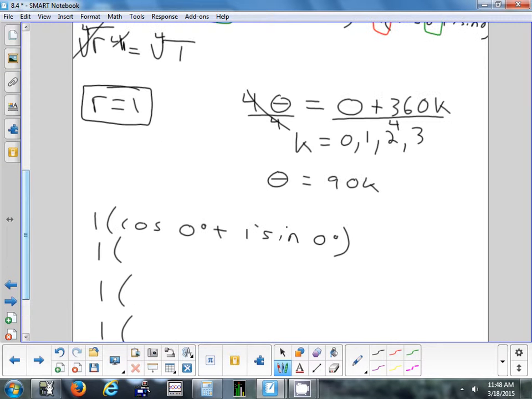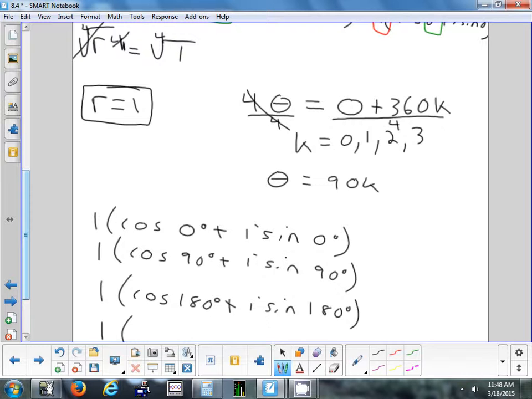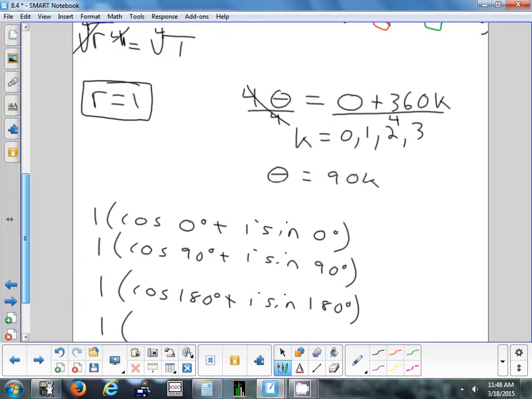Now let k equal 1. 90 times 1, now my angle's 90. Next answer, r is 1. Now we're going to let k equal 2. 90 times 2 gives me 180. Last answer, let k equal 3. 90 times 3, 270.